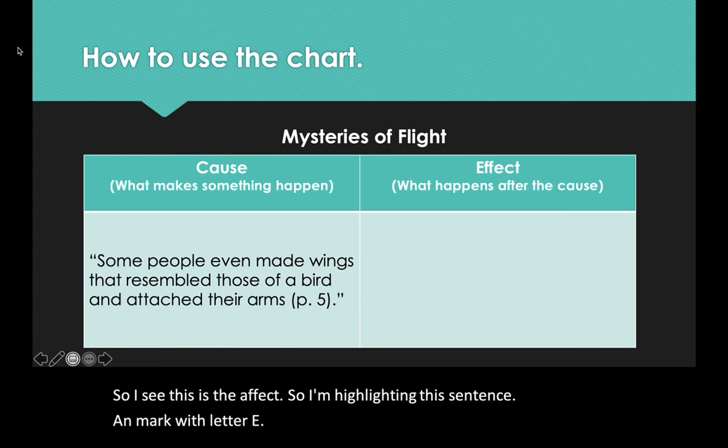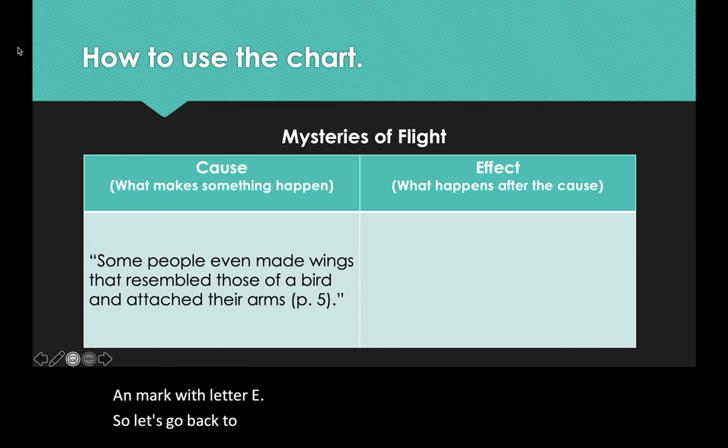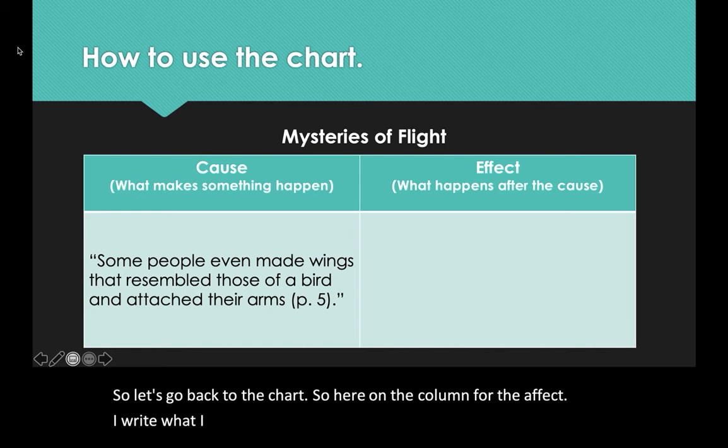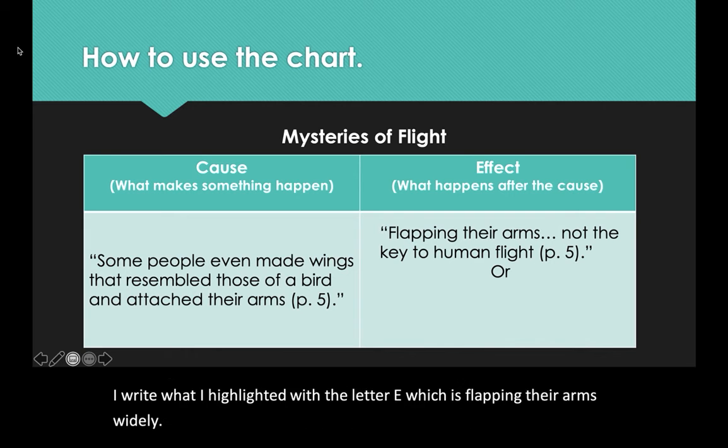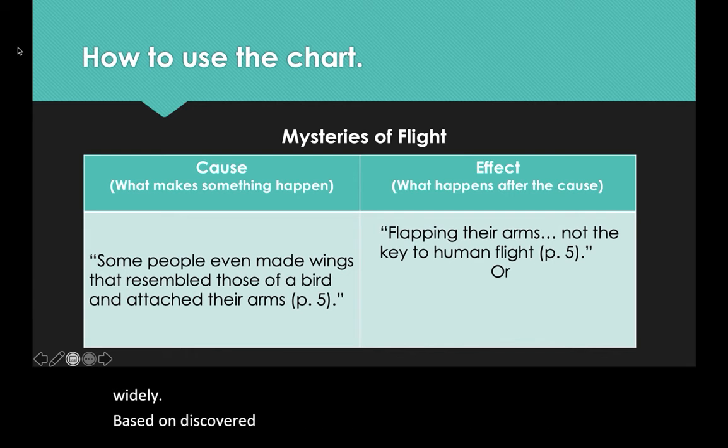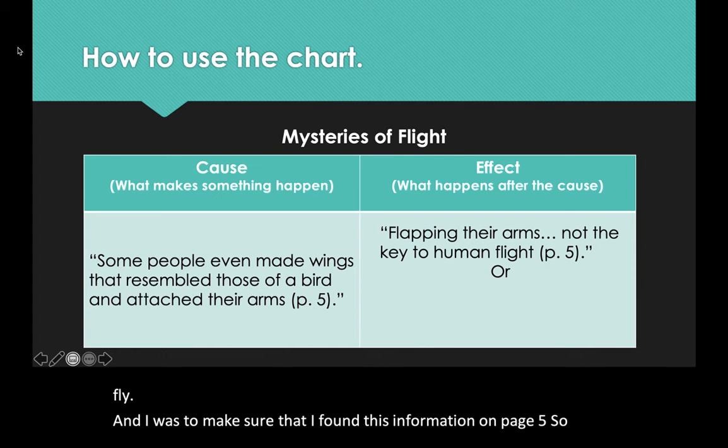So let's go back to the chart. Here in the column for the effect, I write what I highlighted with the letter E, which is: flapping their arms widely, they soon discovered that homemade wings were not the key to human flight. And I also make sure that I note I found this information on page 5, so I put page 5 in parentheses.